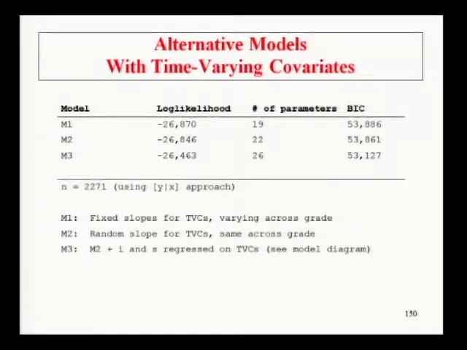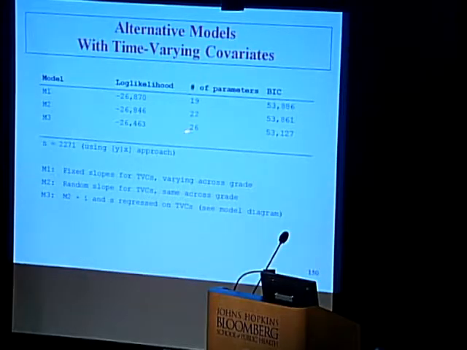So let's see the model diagram of that, because M3 looks promising, right? Its likelihood is even higher up. It's a smaller negative value, so it's higher up there. True, it has even more parameters, but the BIC is the lowest. The Bayesian information criterion is the lowest of all 3. So that would be the preferable model. So let's see what it looks like in model diagram form.